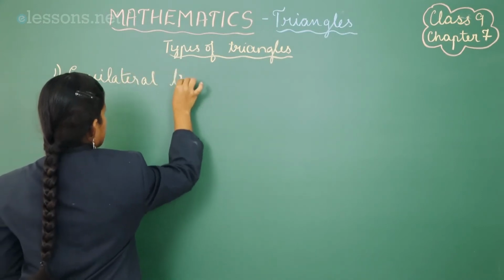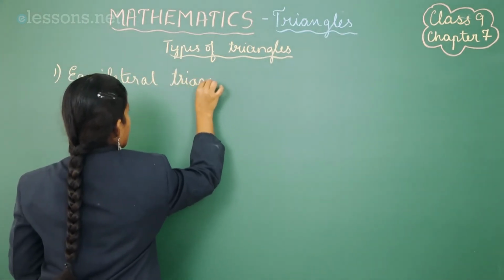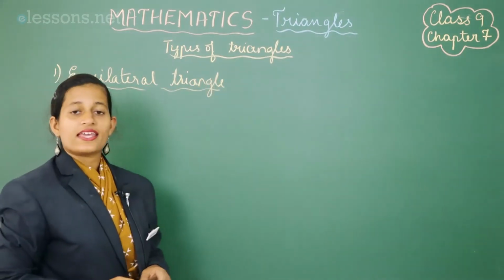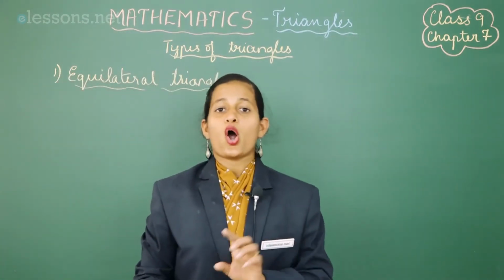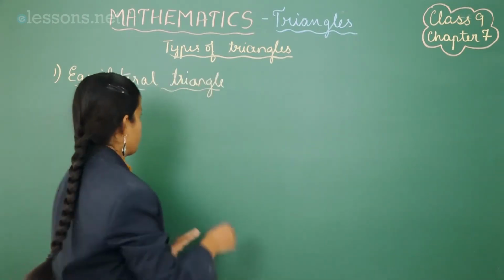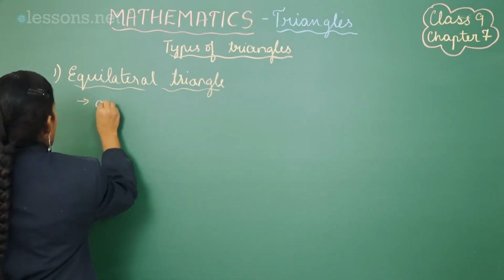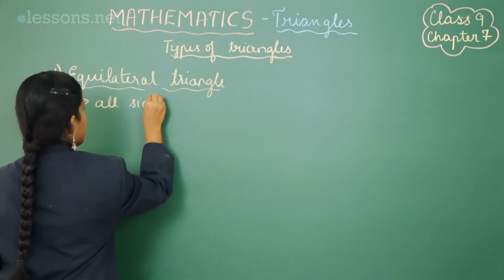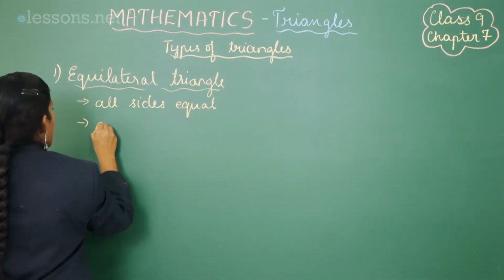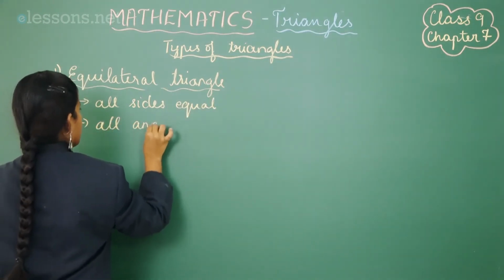The equilateral triangle is the triangle in which all sides are equal and all angles are equal. Equilateral triangle means all sides are equal and all angles are equal.